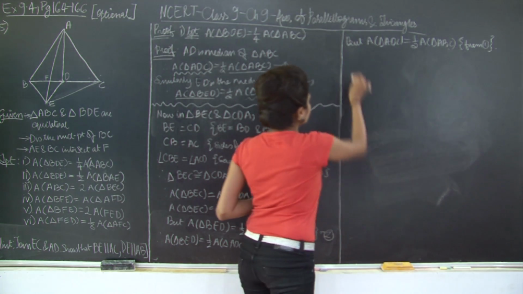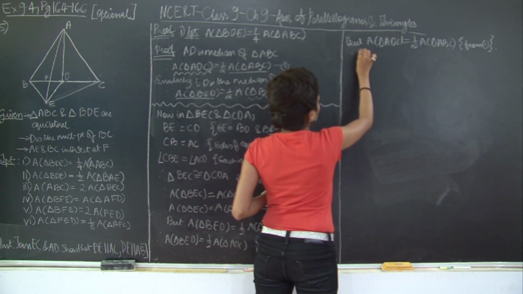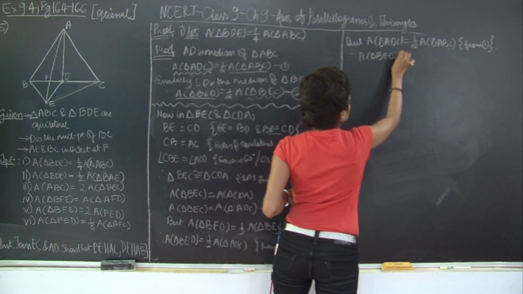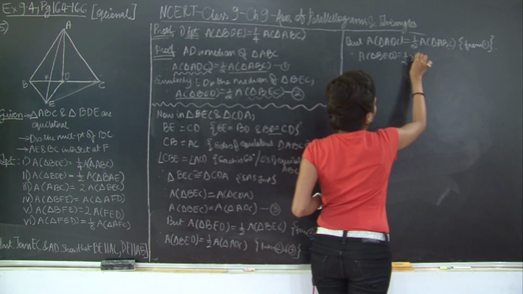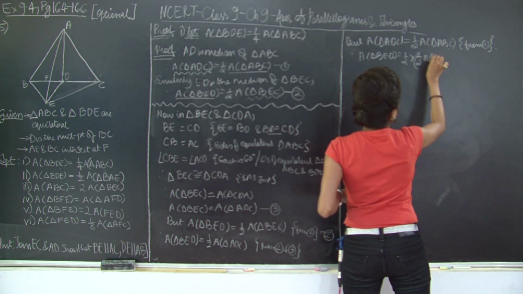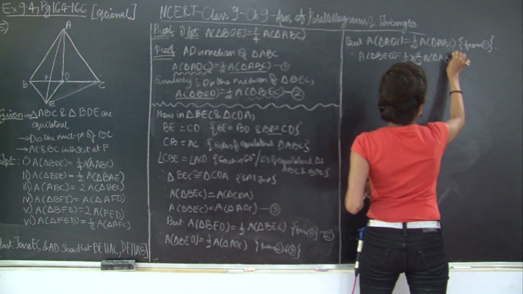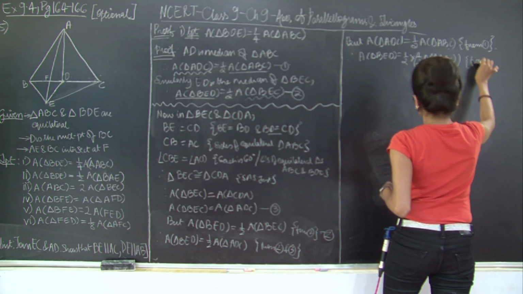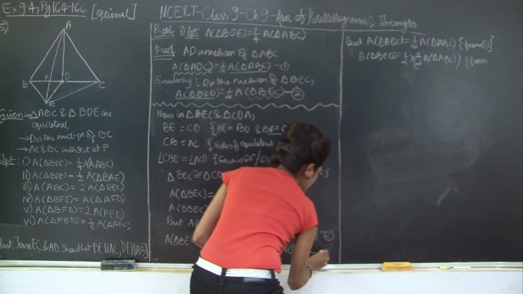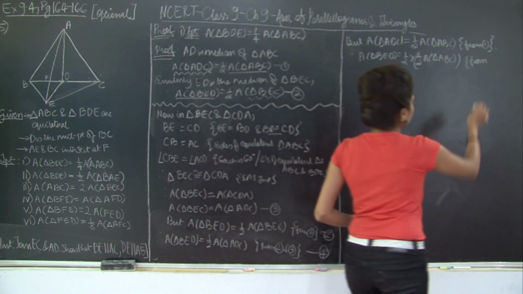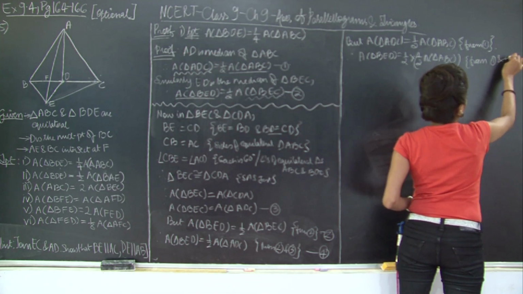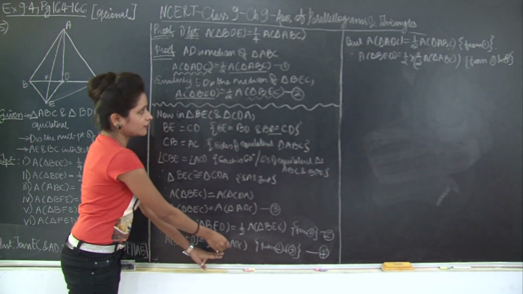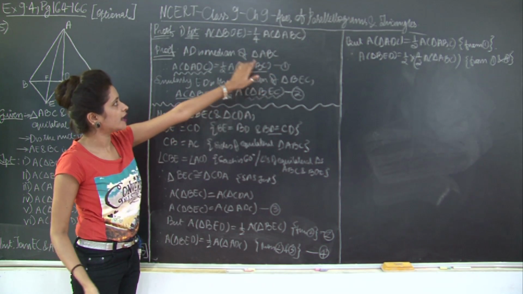right? Therefore, what do we get? Area of triangle BED is equal to half into half area of triangle ABC, and I'll say from 1 and 4, right? See, what we did is instead of ADC we just substituted half ABC.